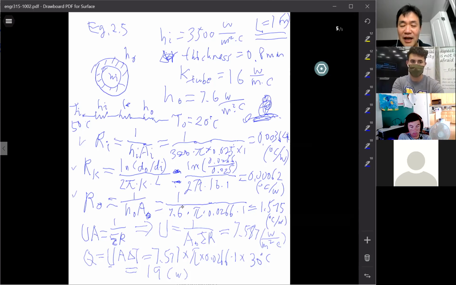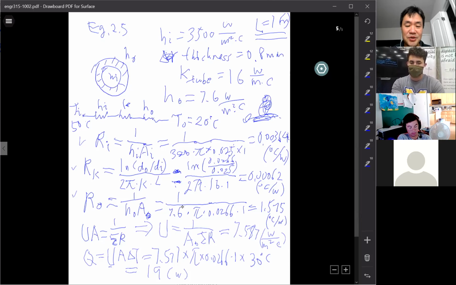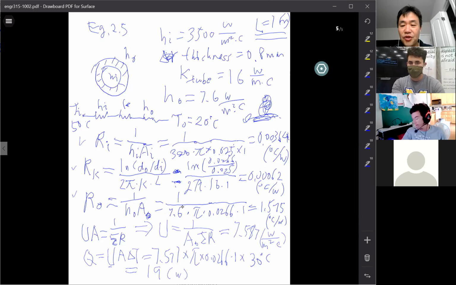Be careful. In a lot of textbooks and real applications, people indeed use U. It seems people like the idea of UA delta T, just like HA delta T, with a heat transfer coefficient. It seems like a good conceptual idea, but when you're actually doing it, be careful. You could get a different value of the heat transfer rate using UA delta T compared to delta T over thermal resistance.